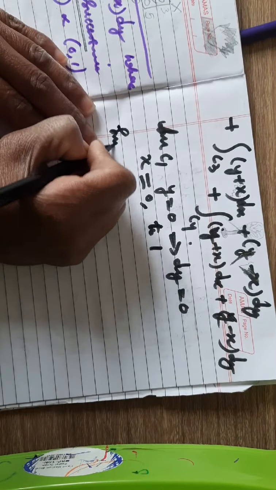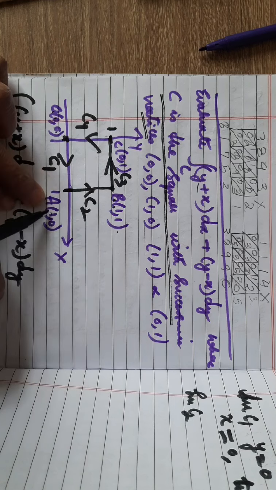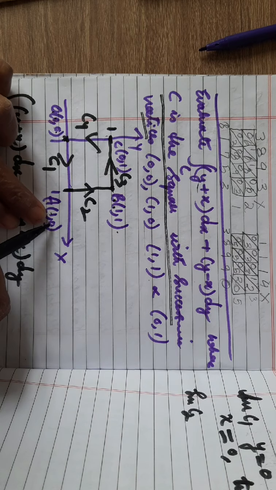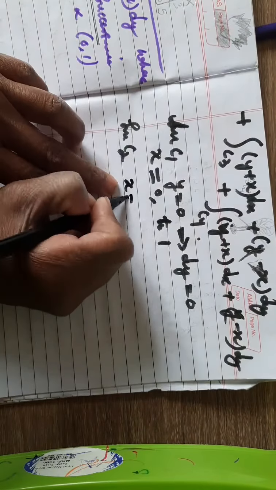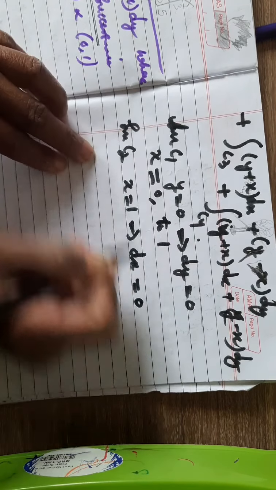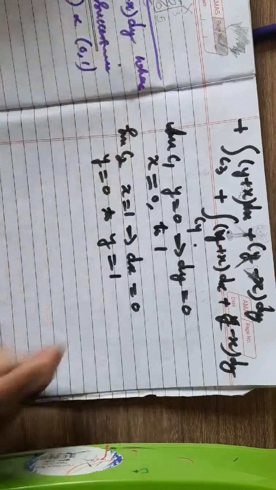Now in C2, that is along this line segment, which coordinate is fixed? Here the x coordinate is 1 here, and here also it is 1. So the x coordinate is fixed as 1, but the y coordinate varies from 0 to 1. So in C2, x is fixed as 1, and if you differentiate, you get dx equal to 0. And y varies from 0 to 1.